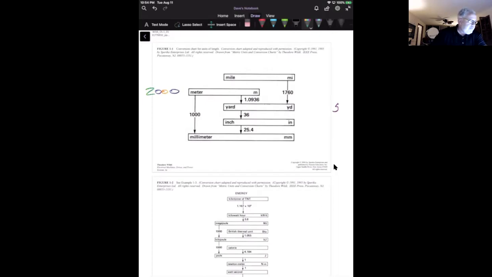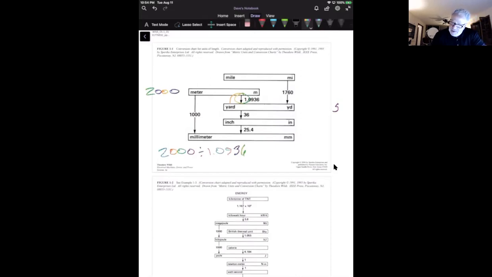But anyway, if I'm working example 1-2, and I'm going to convert 2,000 meters to miles, what I'm going to do first is take meters and divide by 1.0936. So I'm 2,000 divided by 1.0936, and that is our first number.